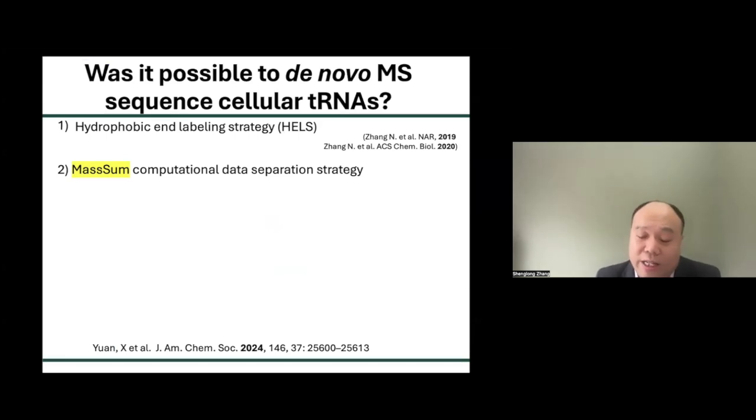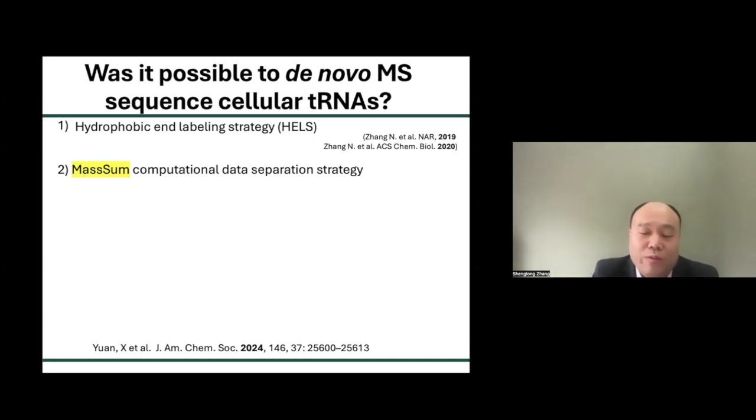We know tRNA is difficult to sequence by high throughput sequencing technology because they have so many modifications. Also, it's difficult for mass spectrometry to sequence, because traditionally it requires a highly purified single tRNA sequence, which is very difficult, as you may have heard from today's talks. It's very difficult to get.